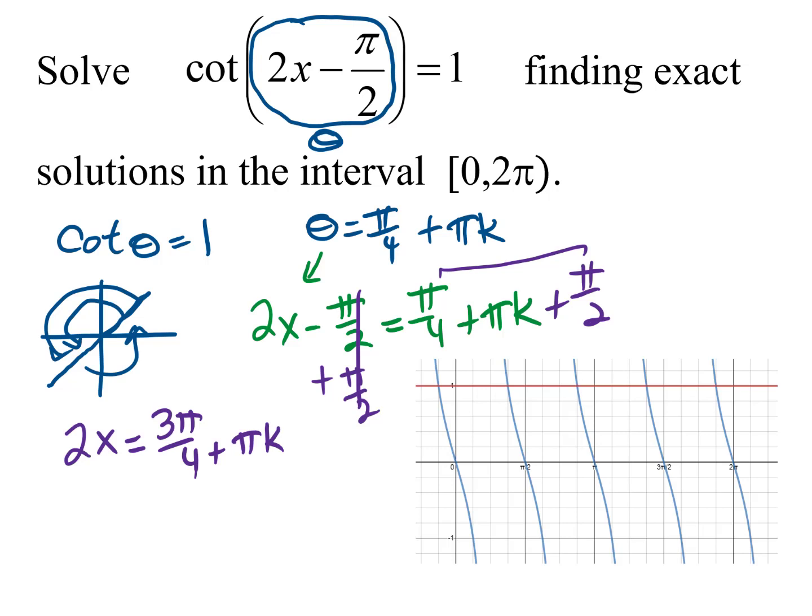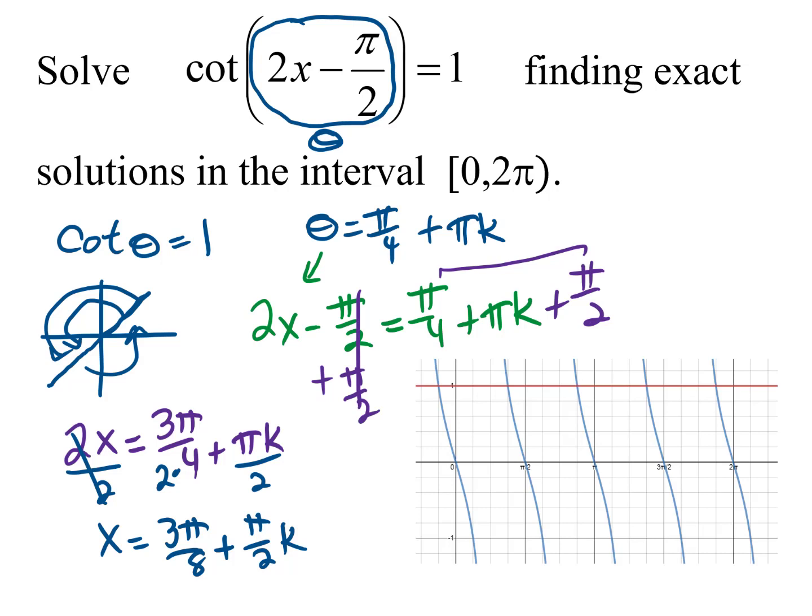And now solving for x, we divide by 2, and we do that everywhere to both pieces on this other side. And so our solution is x equals 3 pi eighths plus pi halves k. That would generate all solutions for k being an integer.